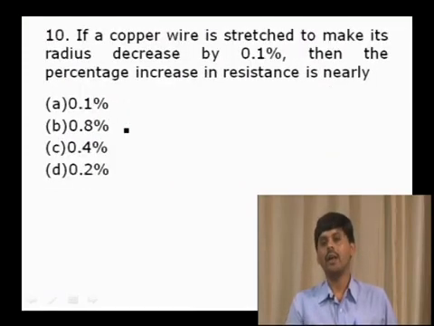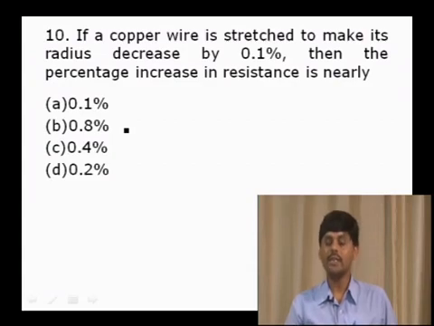Next. If a copper wire is stretched so that its radius decreases by 0.1%, then the percentage increase in the resistance is nearly. This is also based on the stretching of the wire, in terms of radius. If the radius reduces, the length increases, which means resistance increases.